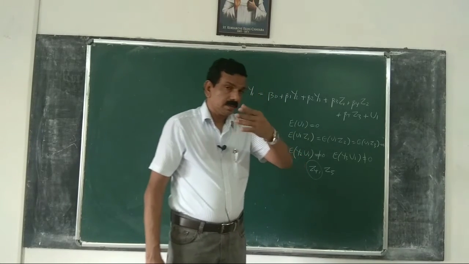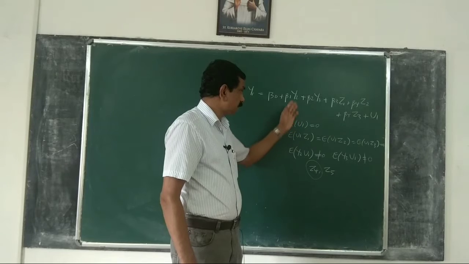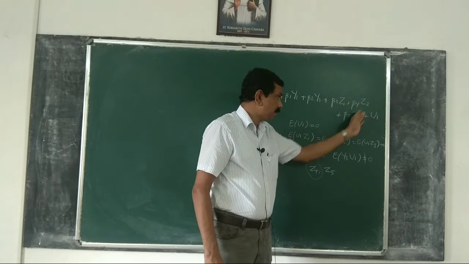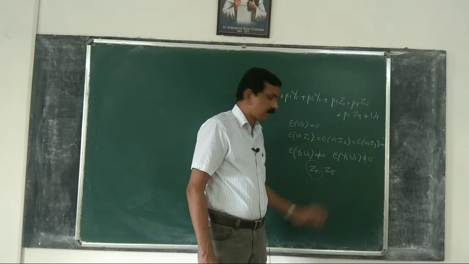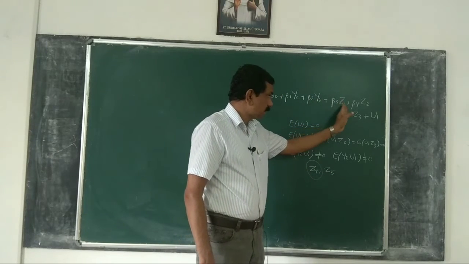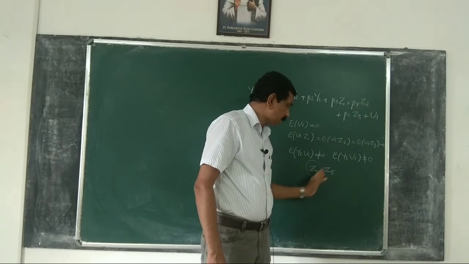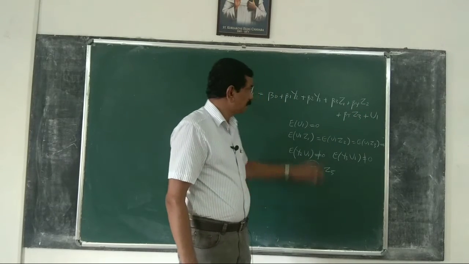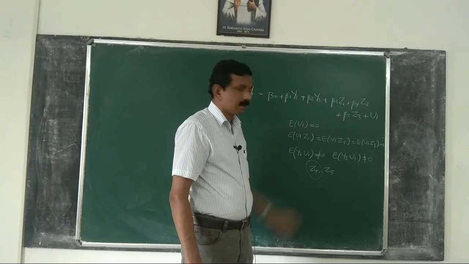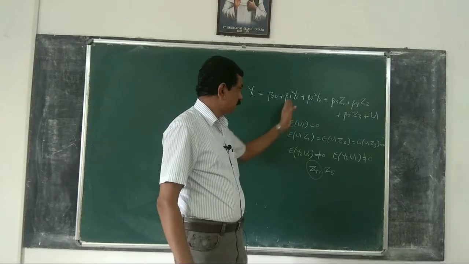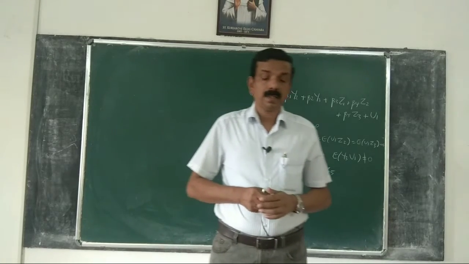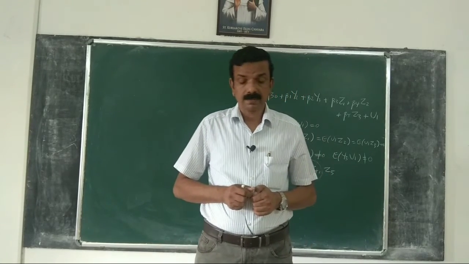In the two-stage least squares, in the first stage we regress Y2 on Z1, Z2, Z3, Z4 and Z5. Similarly, Y3 is regressed on Z1, Z2, Z3, Z4 and Z5. You will get Y hat 2 and Y hat 3. In the second stage, Y2 and Y3 are replaced by Y hat 2 and Y hat 3.